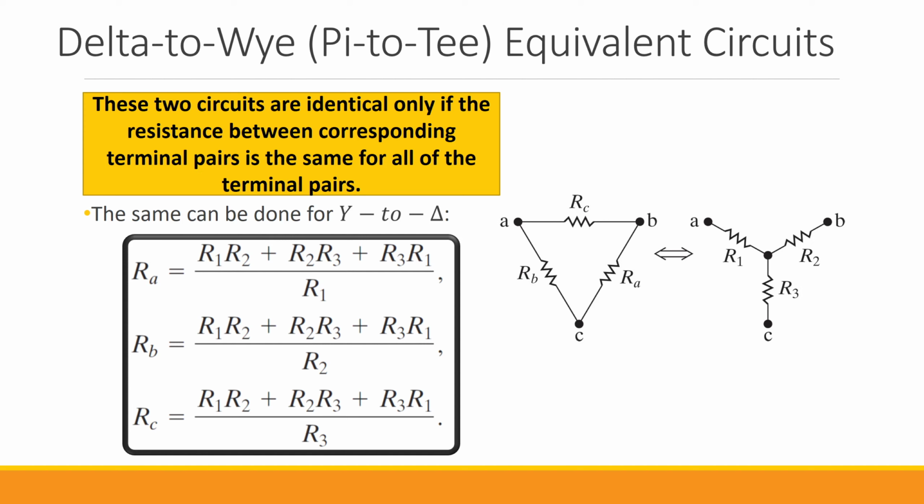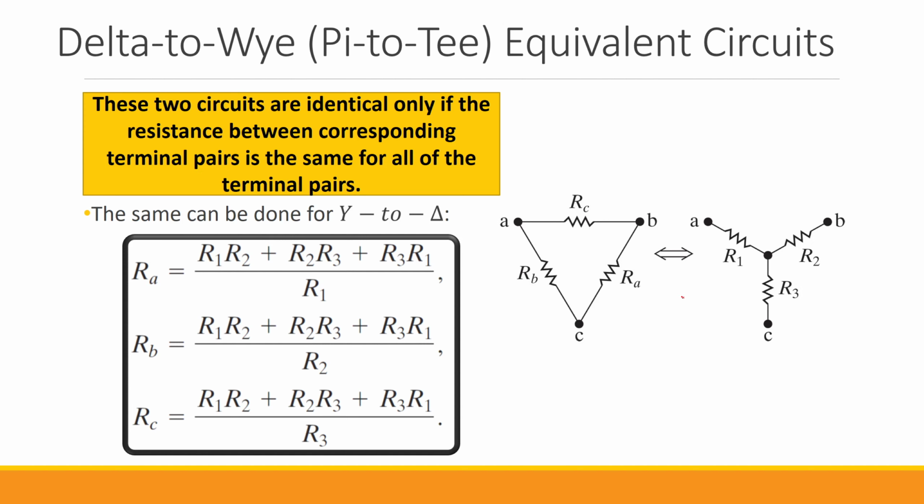So that one was for the delta to Y conversion. The same can be done for Y to delta conversion. If you do the algebraic manipulation, this is the equivalent circuit that you can have.